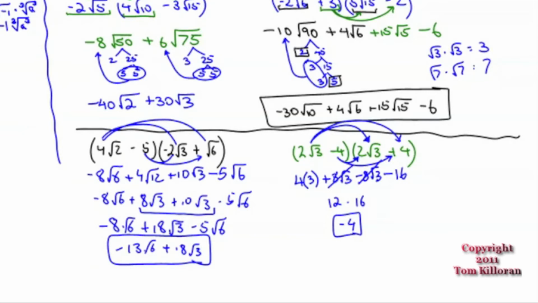Alright, so far we have a few rules of radicals. Let's just review them real quick. Rules. Number 1, we know the square root of a times the square root of b is equal to the square root of ab.